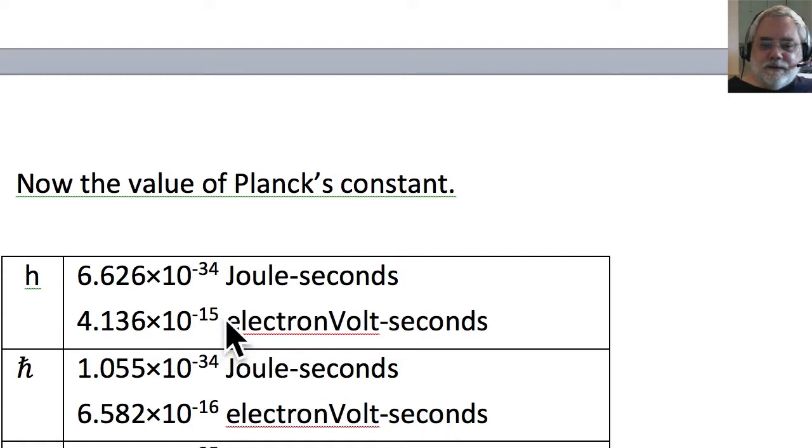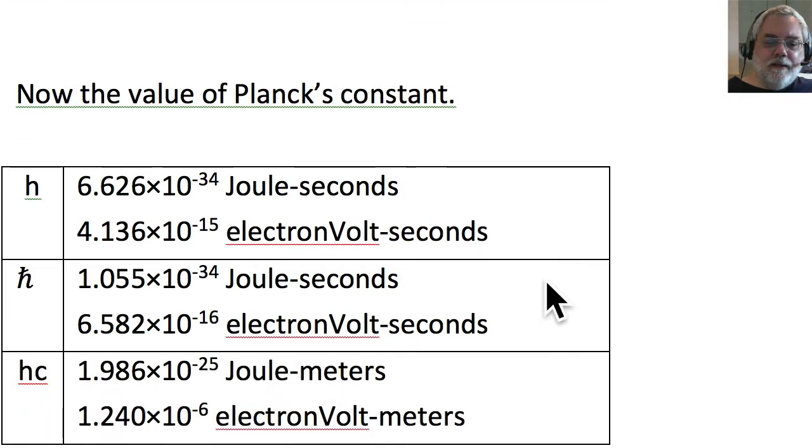So these values, we jump to the conclusion that these seem small because the power of 10, I mean, it seems small. Isn't it small? 10 to the minus 15, 10 to the minus 16? That must be small. Well, we don't know if that's big or small until we actually do some calculations. So we will see.